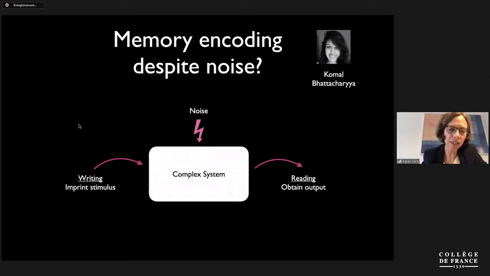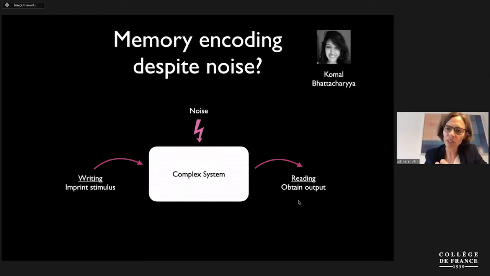So we're going to imprint the stimulus, put down noise, and try to read the output. And so basically what we are overcoming here with the theoretical model is that we couldn't redo the same experiment with Physarum because the network kept changing as we were playing with it experimentally.